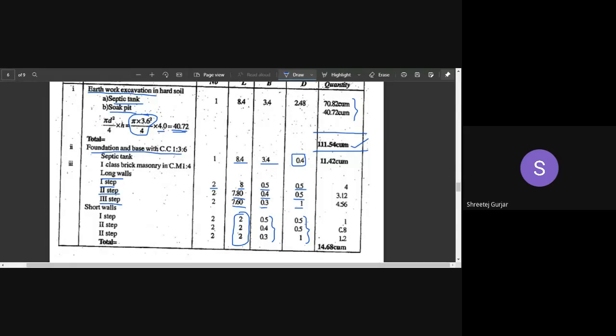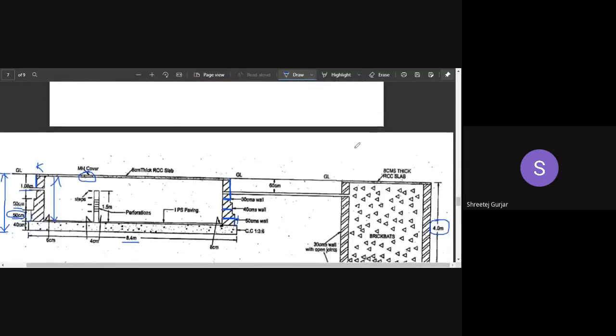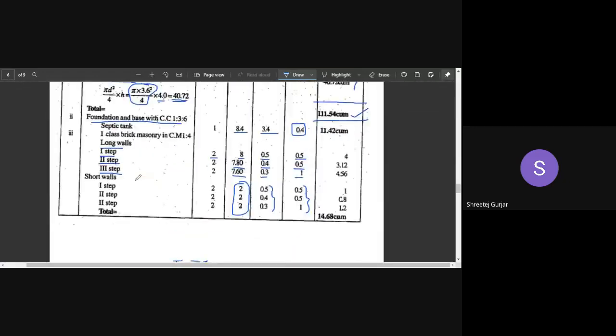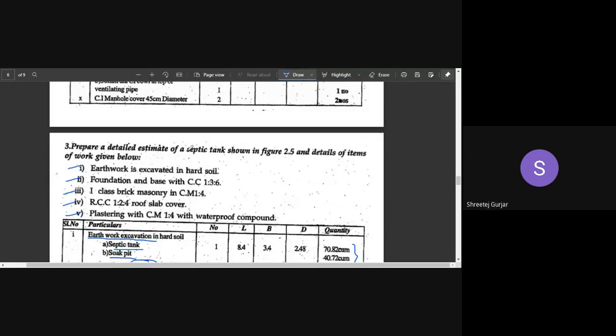Some of you might be having doubt why we have not calculated the quantities in the soak pit. Because in the question, you can observe, it says prepare a detailed estimate of a septic tank. If they had mentioned septic tank as well as soak pit, then we would have calculated all the other quantities.